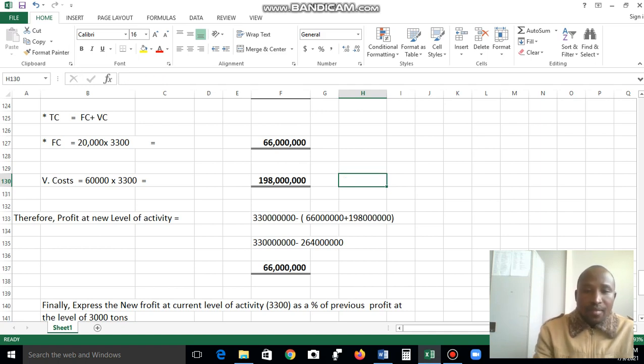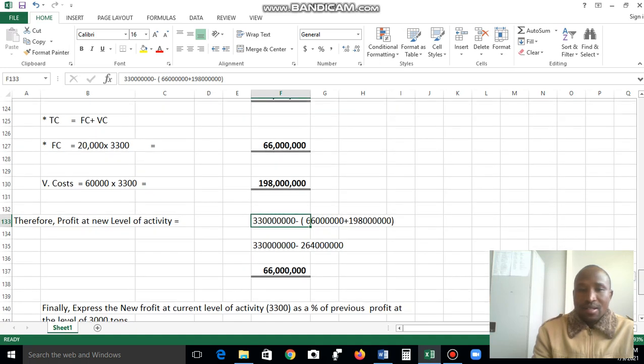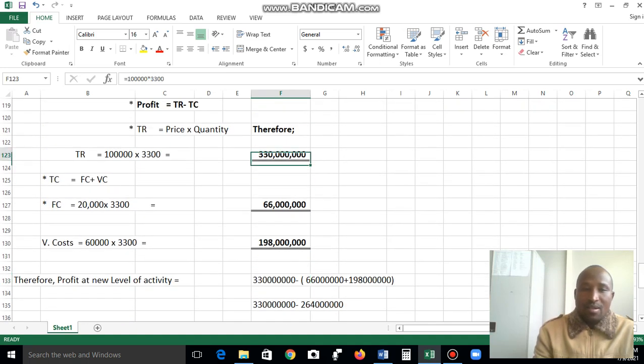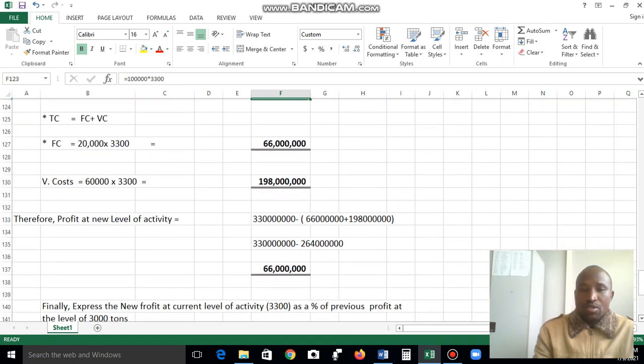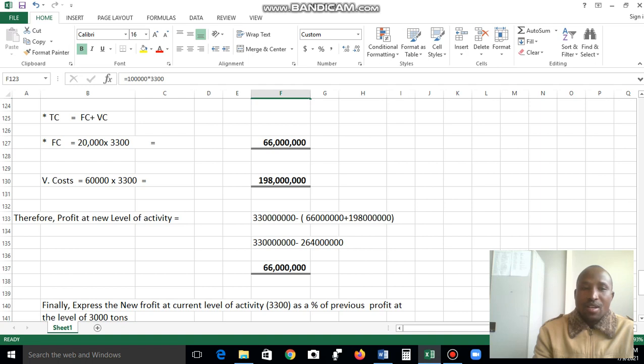Therefore, the profit at the new level of activity is equal to total revenue minus total costs. We have our total revenue as 330 million. Then our total costs are a combination of fixed costs and variable costs.